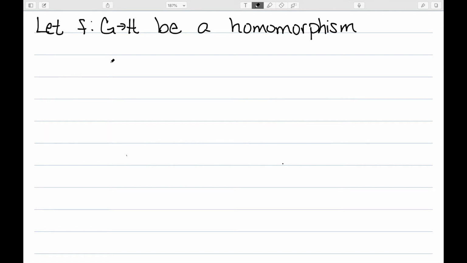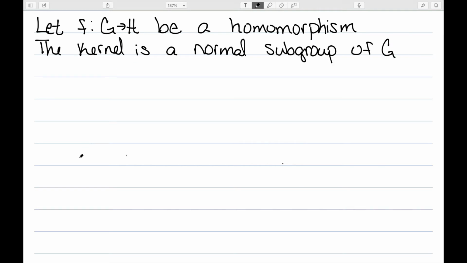Let's let f going from G to H be a homomorphism. I want to prove that the kernel is then a normal subgroup of G. So the first thing I actually need to show is that this is a subgroup in the first place. I've talked about the kernel in a previous video, but I never proved it was an actual subgroup of my group.